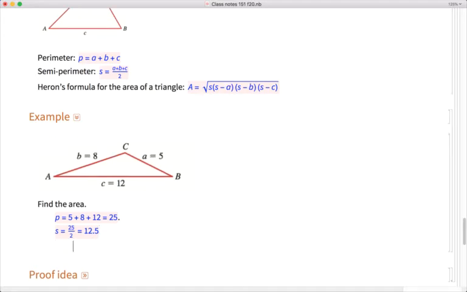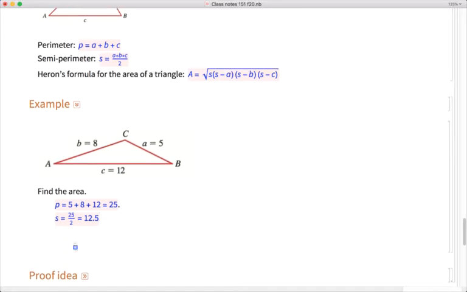Okay, so then here comes Heron's formula, which you'll definitely want to have on a note card. It's the square root of 12.5 times 12.5 minus 5, 12.5 minus 8, and 12.5 minus 12.